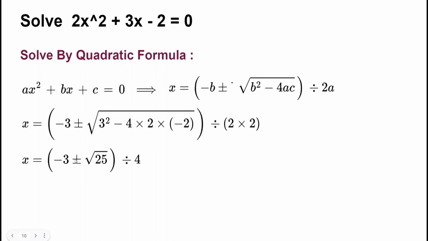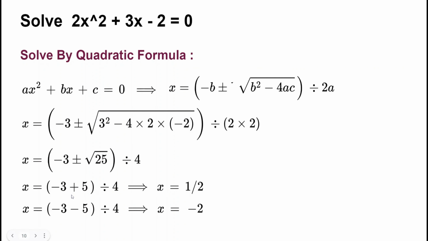So here we have minus 3 plus or minus the square root of 9 plus 16, which is 25, divided by 4, meaning that x equals minus 3 plus 5, since the square root of 25 is 5, divided by 4, meaning that x equals 1 divided by 2, or x equals minus 2, because we have plus or minus the square root of 25, so either plus 5 or minus 5. So this is the solution for the equation using the quadratic formula.